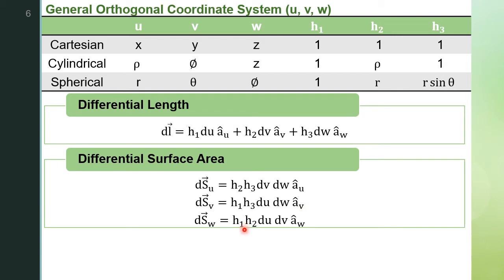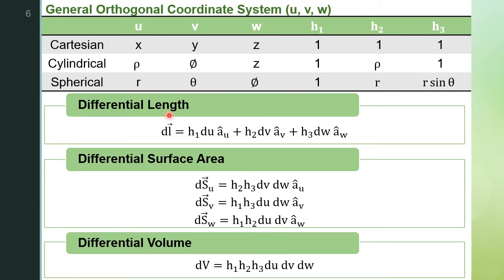Similarly, in the W direction, it is dU, dV, H1, H2 into AW. That is, whatever is the direction, the other things will be multiplied. Then we will get the area along the corresponding direction. If you want to find the volume, you will multiply everything together. So it is H1, H2, H3, dU, dV, dW. Thus, this gives us the general equations for an orthogonal coordinate system.